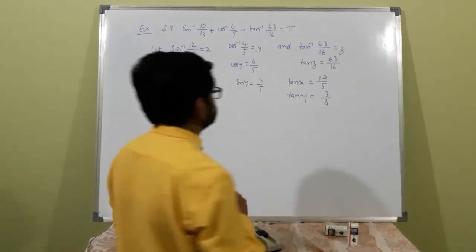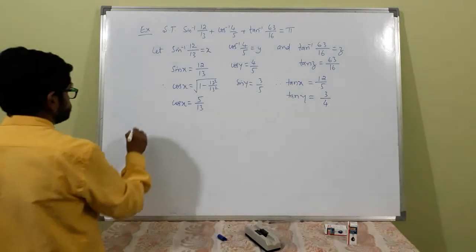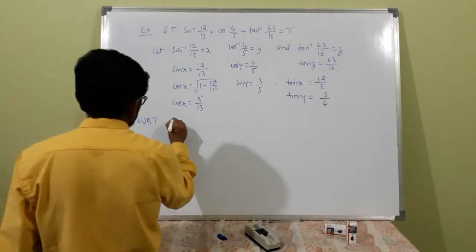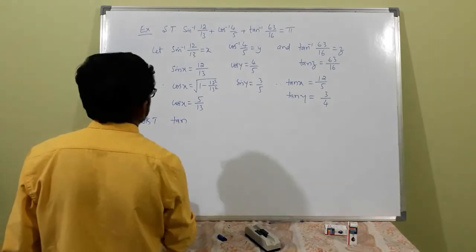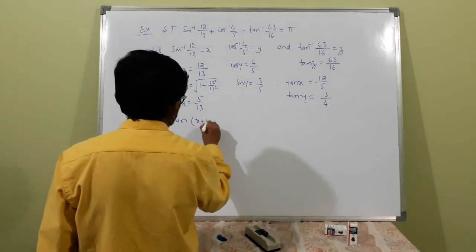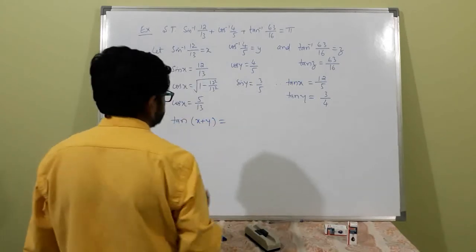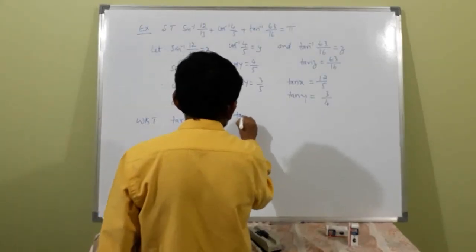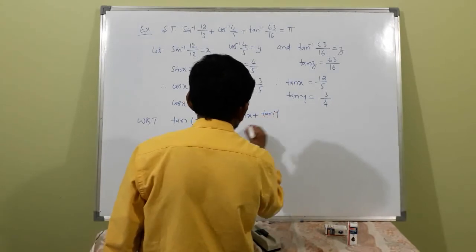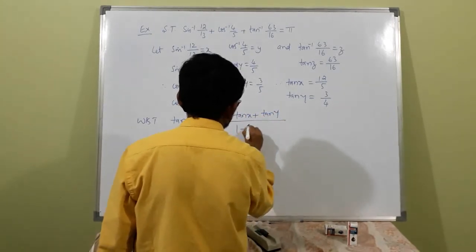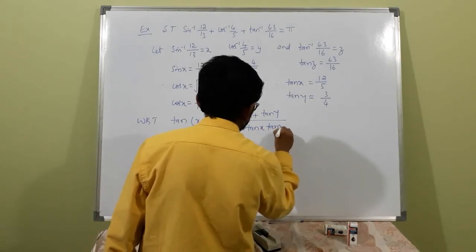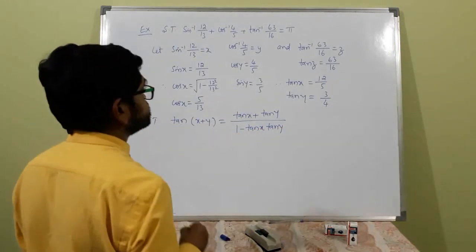3 by 4. Now you know the result: tan(x plus y) is equal to tan x plus tan y divided by 1 minus tan x into tan y. What is tan x?